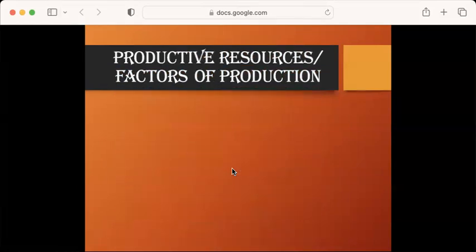Okay, now let's move on to the factors of production, or resources. At the beginning itself, we spoke about resources. The earth has resources, and resources means these are the factors. What is the meaning of factors? It's a mathematical term. Factor means that by multiplying two or three numbers, you get another number.